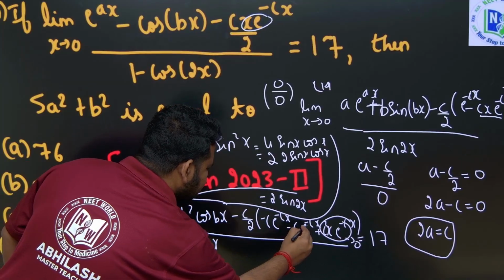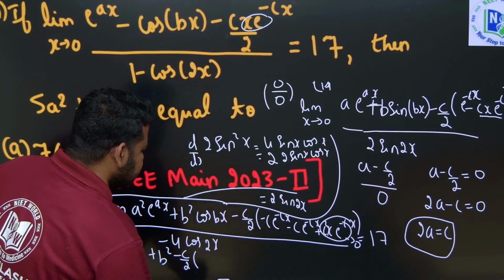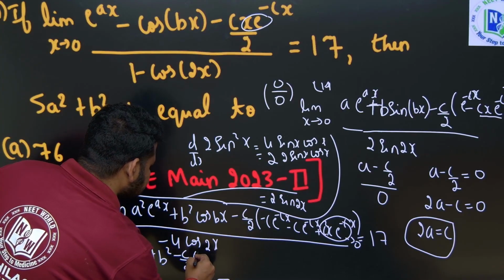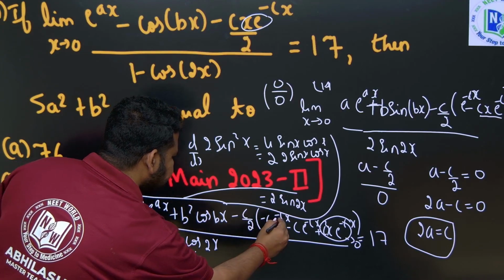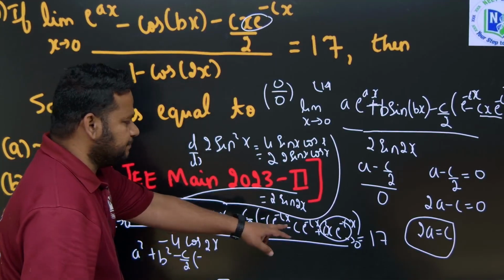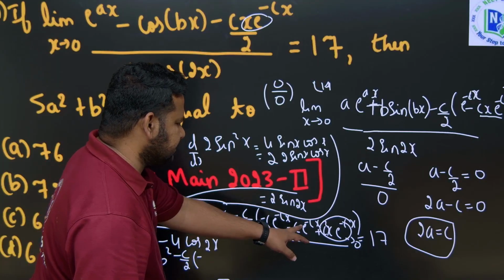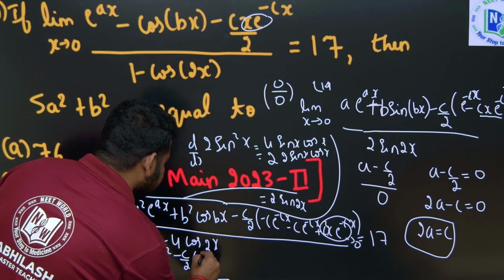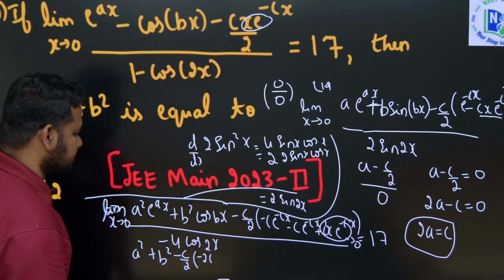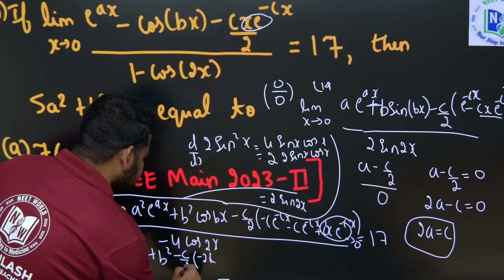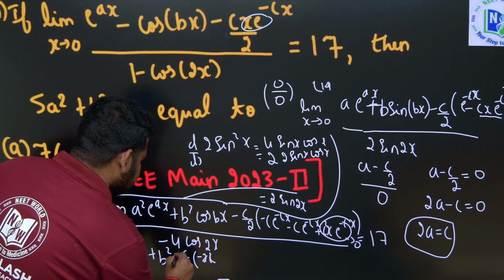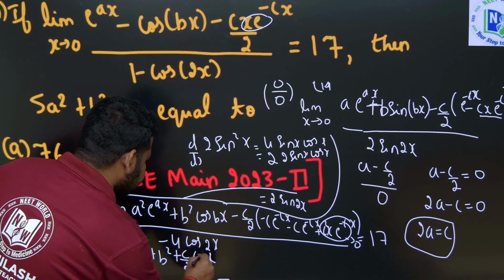Now c into e power minus cx, where e power 0 is 1, so you will get minus c into minus c, which gives minus 2c, and minus into minus becomes plus, c into c is c square.